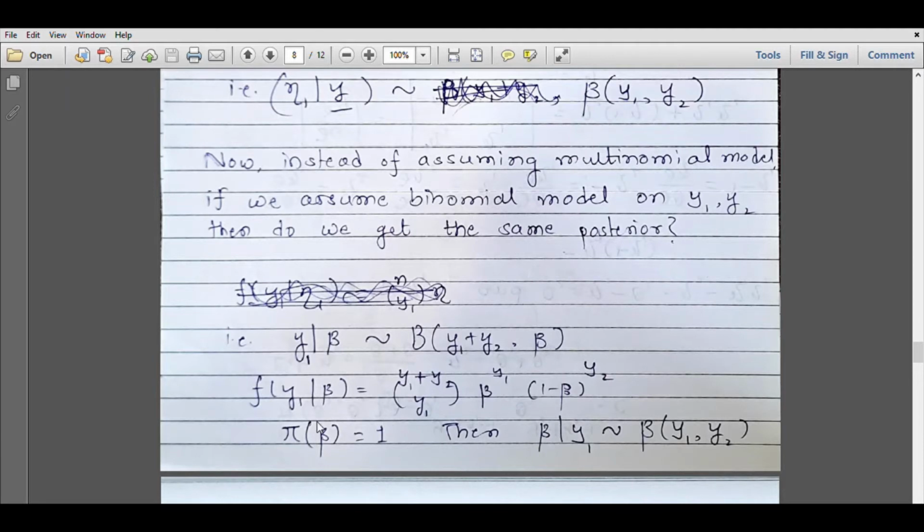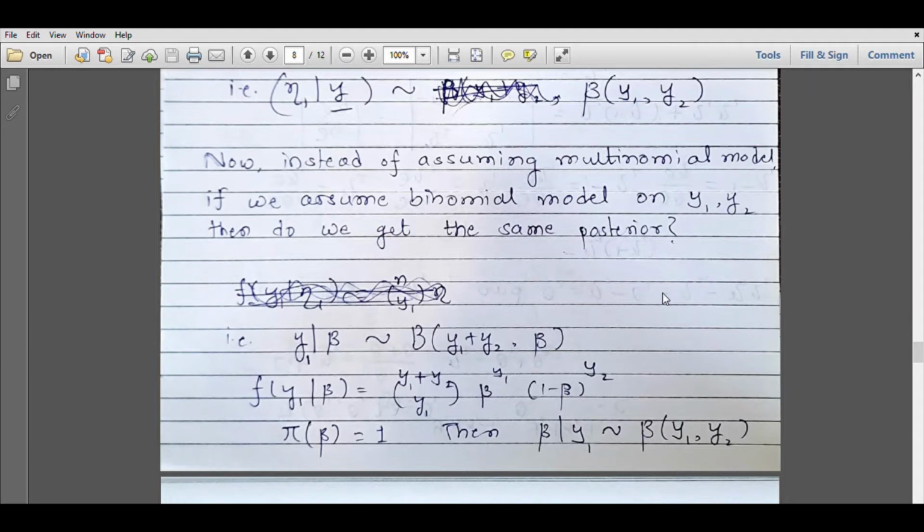So if this is the prior distribution and this is the model for y1, then we will get the posterior distribution of beta as a beta distribution with parameters y1 and y2, which is the same as the distribution of eta 1 given y, where eta 1 was nothing but theta 1 upon theta 1 plus theta 2.